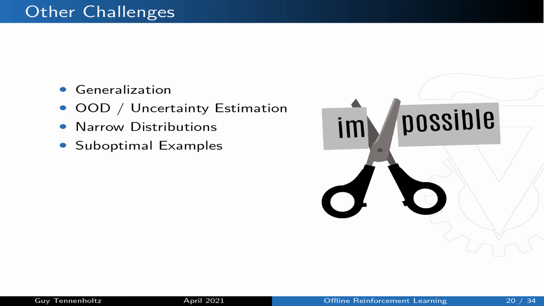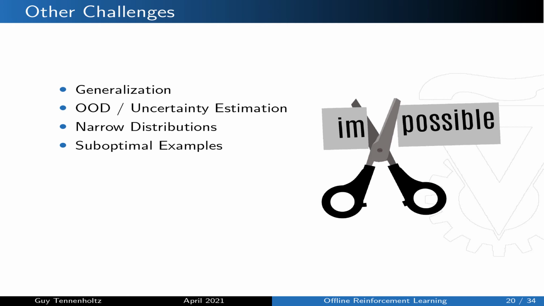Another problem that we have is that offline data, unlike the imitation learning scenario, might have very suboptimal examples in it. I mean, we might also have expert data, but this data might be very noisy with suboptimal examples. And many methods attempt to imitate the data while also learning a better policy or trying to be close in some manner to the behavior policy of the data.